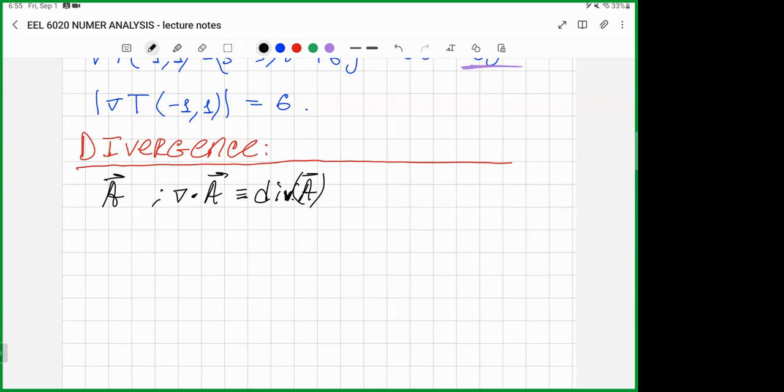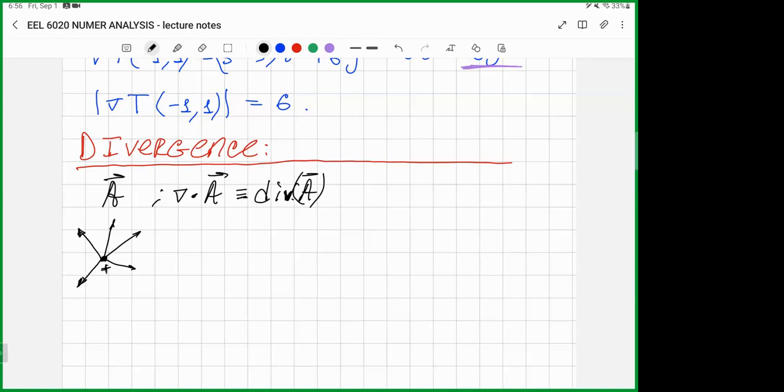A vector is a thing that has length and direction, and of course these lines of vector fields are supposed to have some source, like this, for example.